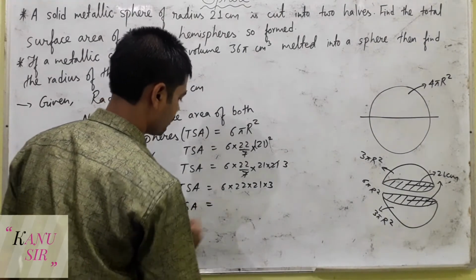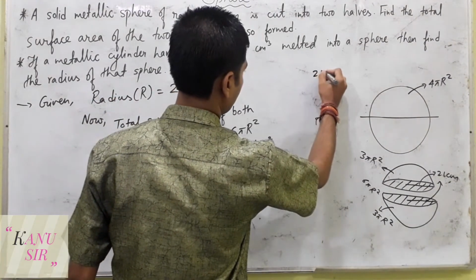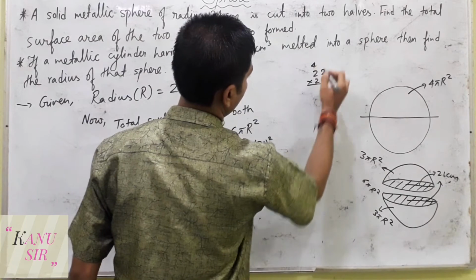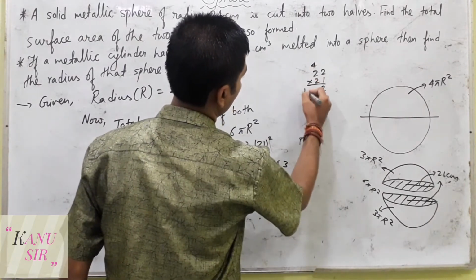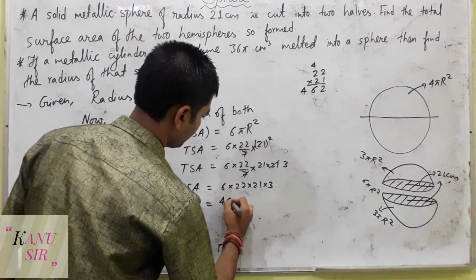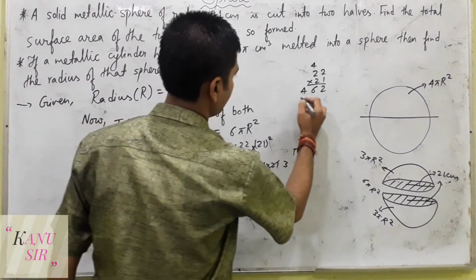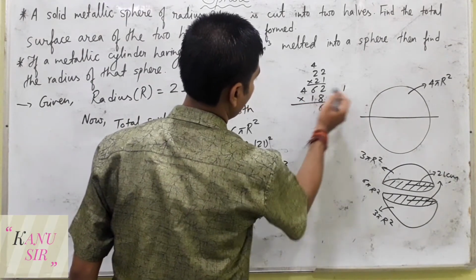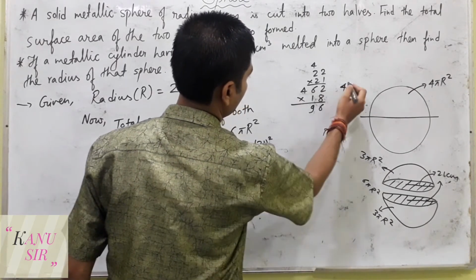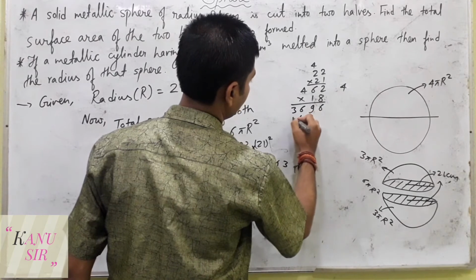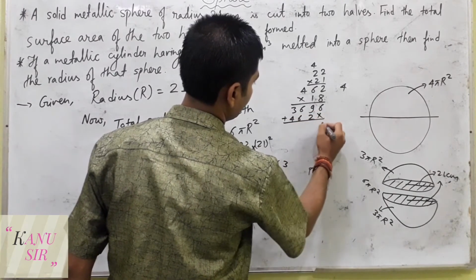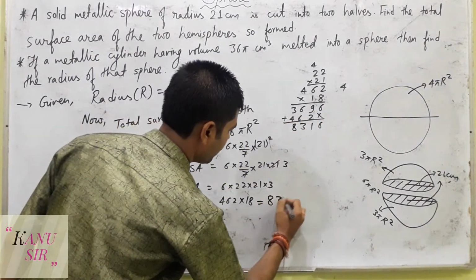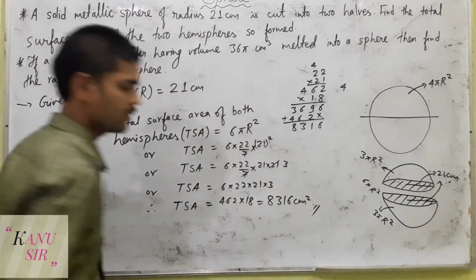Therefore TSA is equal to, let us take 22 times 21. 21 times 2 is 42, plus 4, 46. 462 into 18. 8 times 2 is 16, 6, 1. 8 6 is 48 and 1, 49, 4. 8 4 is 32 and 4, 36. 2, 6, 4 plus 6, 1, 13, 1, 8. 8316 centimeter square.